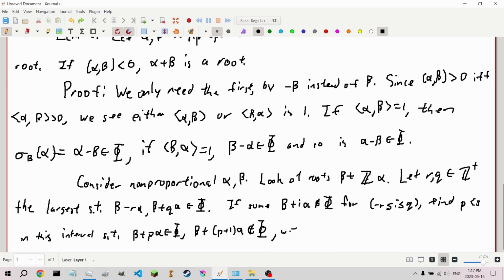And then the same for s in the other direction. Beta plus s alpha is a root, but s is kind of our bottom here.